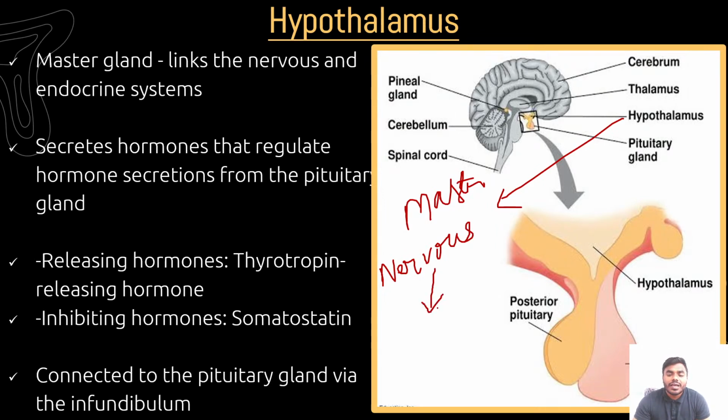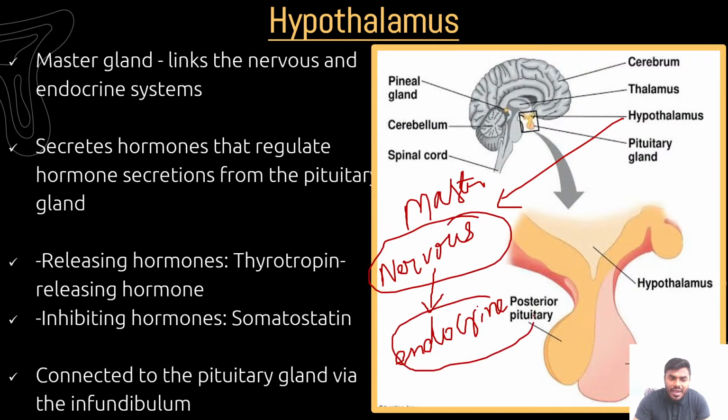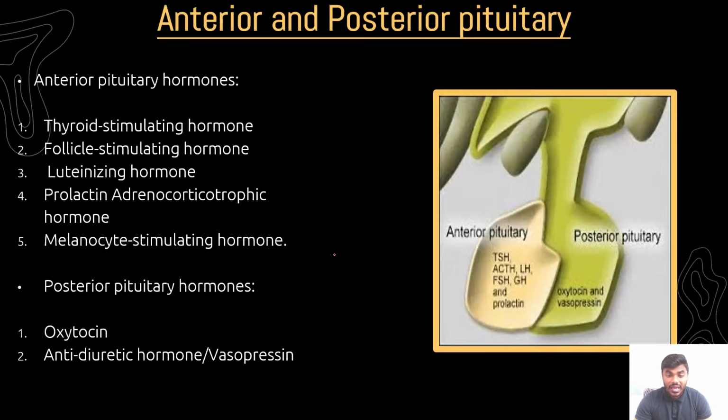It is linking the nervous system with the endocrine system, because we know very well everything is under the control of the nervous system only. Even the hormonal release is under the control of the nervous system. There is no doubt about it. So the nervous system can be connected to the endocrine system with the help of the hypothalamus.